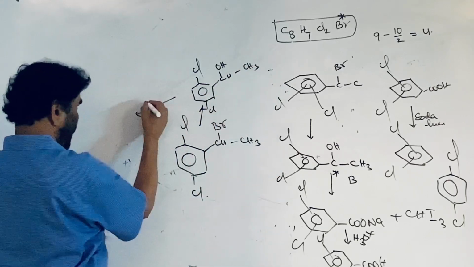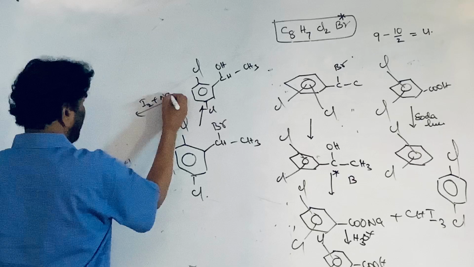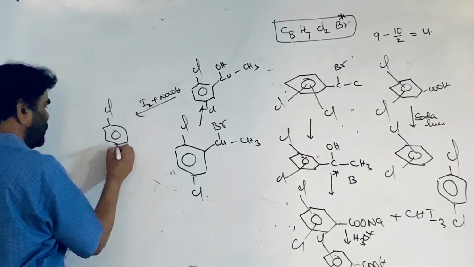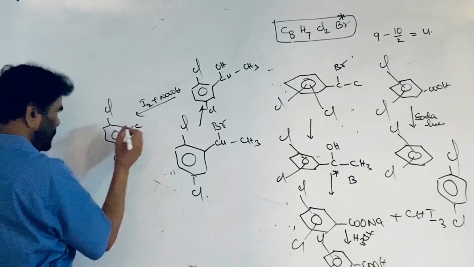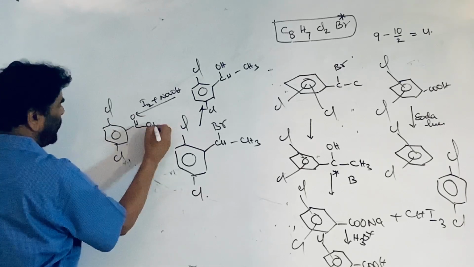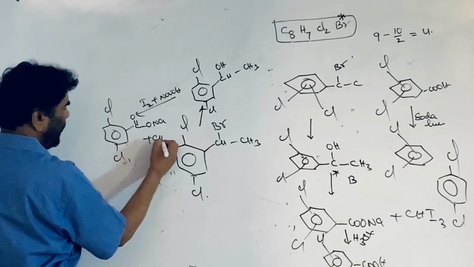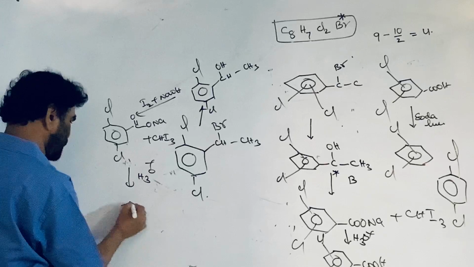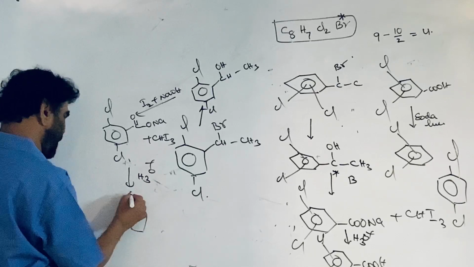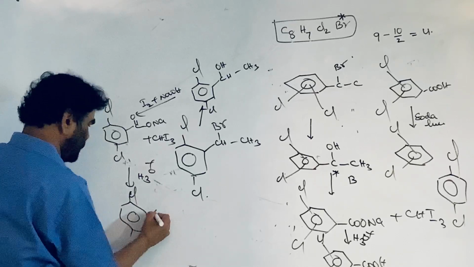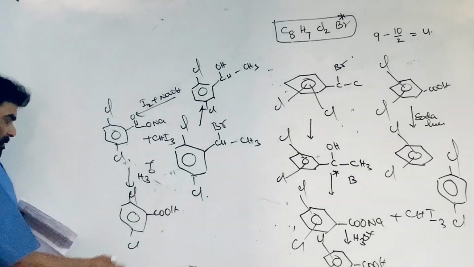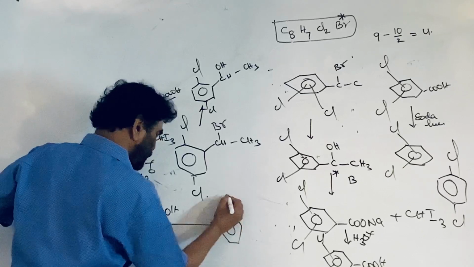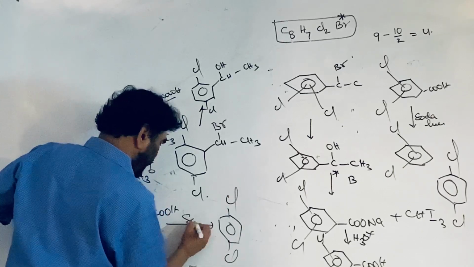This on iodoform reaction with sodium hydroxide gives chlorine, chlorine, C double bond O, ONa plus iodoform. This on acidification gives Cl, Cl, COOH. So now this on soda lime gives the final product.